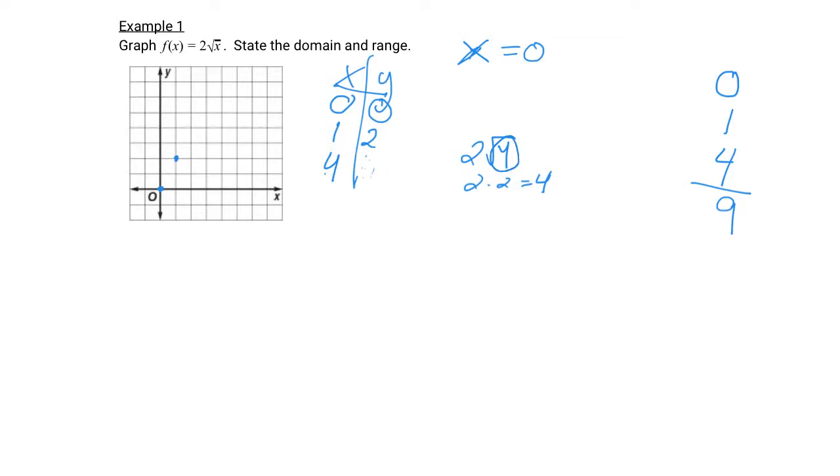I plugged in 4 here for x and got 4 for y. Third time's a charm. It's 4, 4. So 1, 2, 3, 4 over, and 1, 2, 3, 4 up.